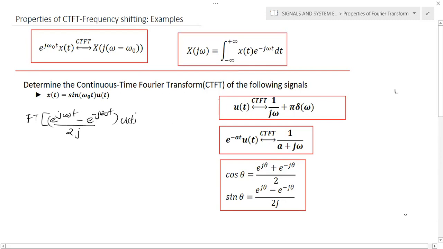Again we need to use the transform of u of t, and we can split. So it becomes 1 by 2j into the Fourier transform of e raised to j omega 0 t into u of t, that's the first term, minus the Fourier transform of e raised to minus j omega 0 t into u of t.